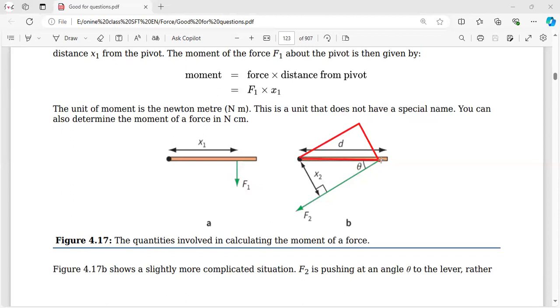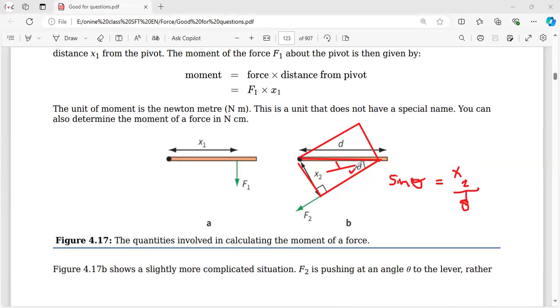If this is d, and this is the angle, how do we find this one? For the angle, this is the opposite side, which means it is a sine. So we have to use sine here, right? And then I can write down sine theta is equal to the unknown length x2 divided by d.